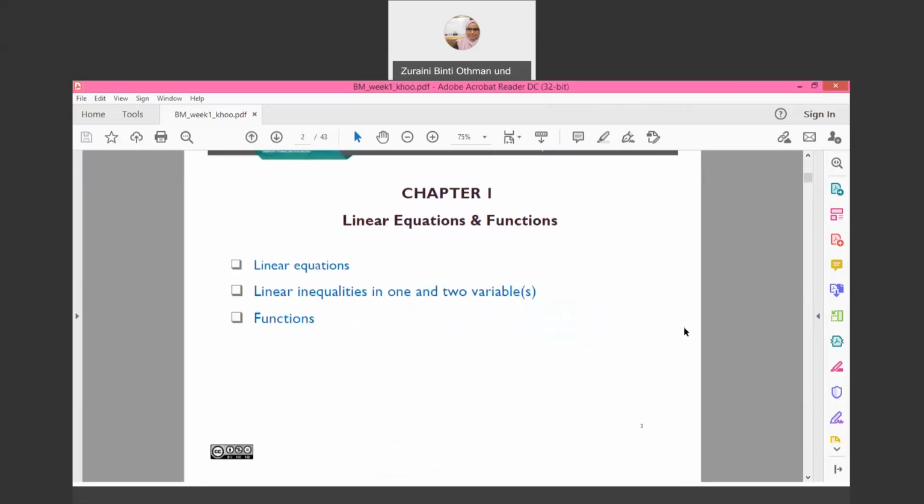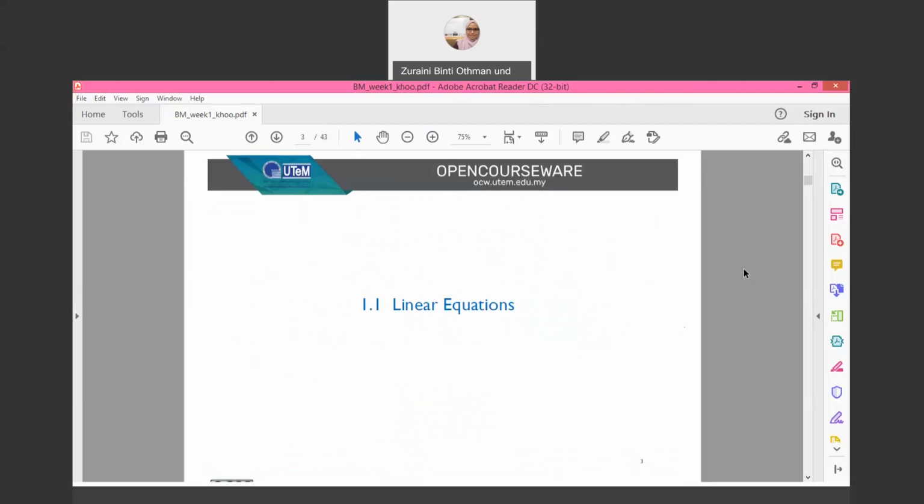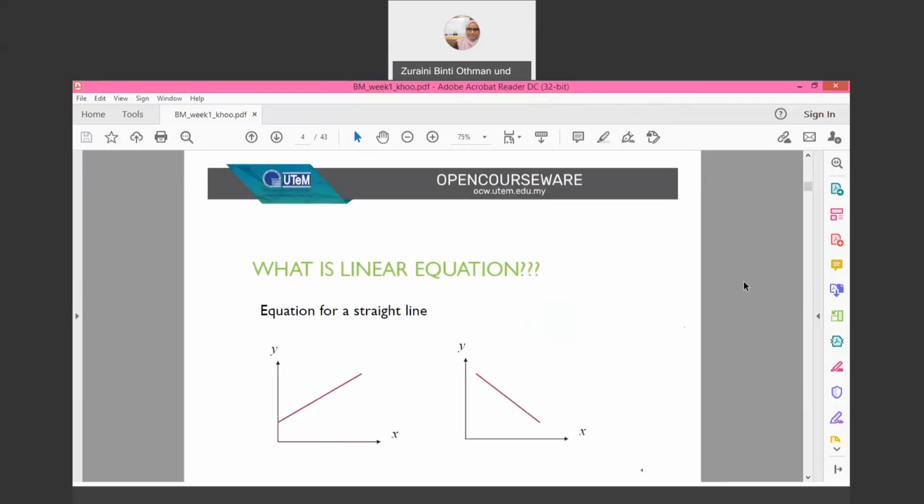In this chapter we'll discuss linear equation, linear inequalities in one and two variables, and function. What is linear equation? Linear equation is the equation of a straight line. This is the graph of a linear equation, which is the straight line.